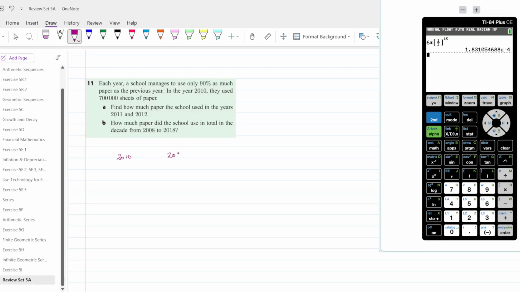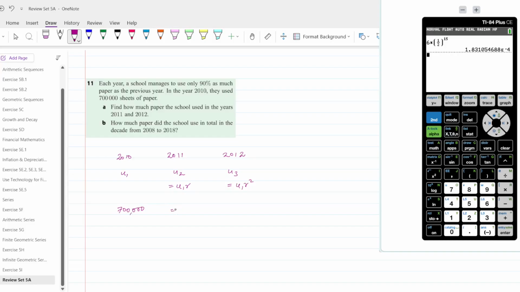2010, 2011 and 2012. So let's say this is U1, this is U2 and this is U3. So U2 equals U1 times R and U3 equals U1 times R squared, where U1 is 700,000.